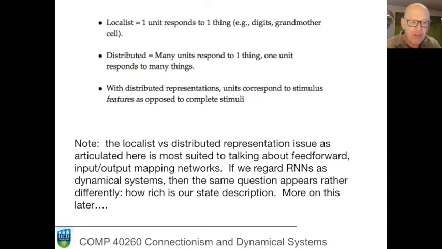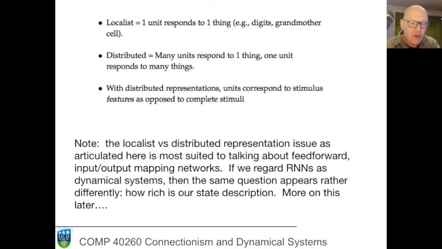In distributed representations, many units correspond to one thing, and one unit is affected by many. It is involved in the encoding of many things. These become harder for human beings to parse. They are more strictly numerical. And distributed representations will occur as a matter of course at the hidden layer, where we don't dictate what values the hidden units take on, rather they compute their values.